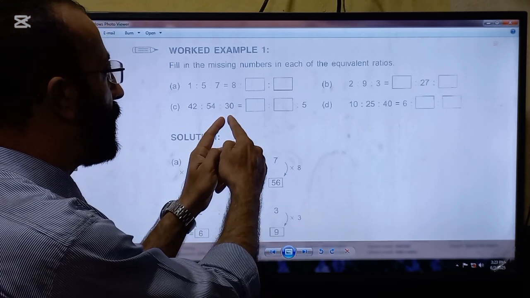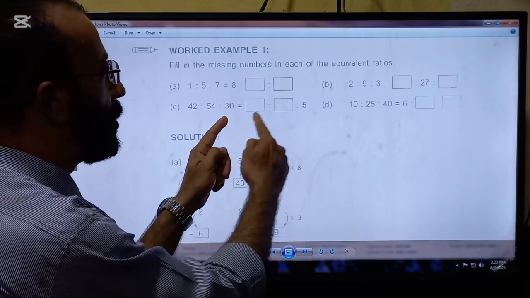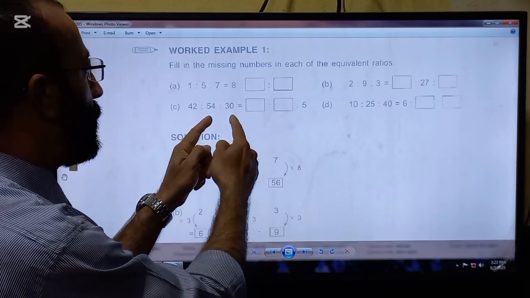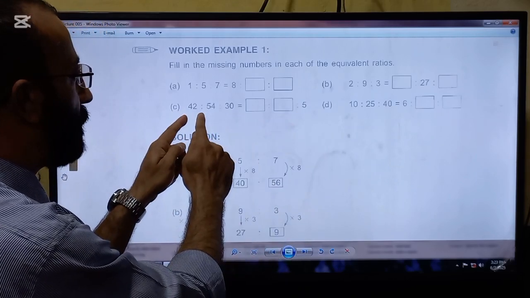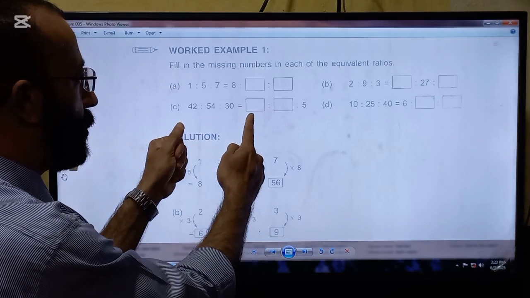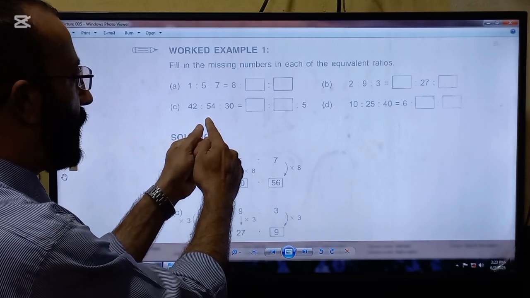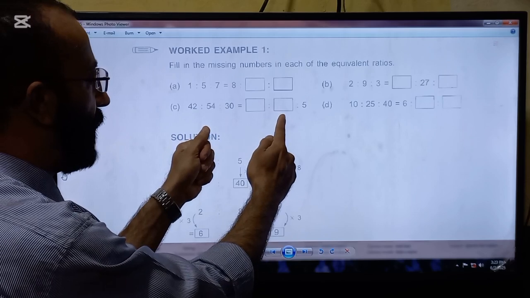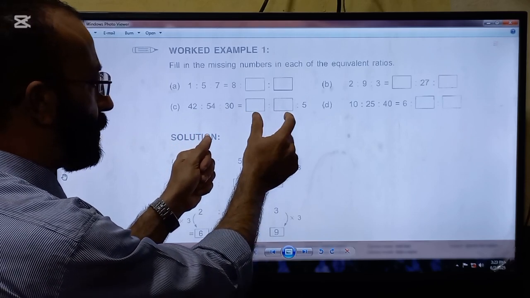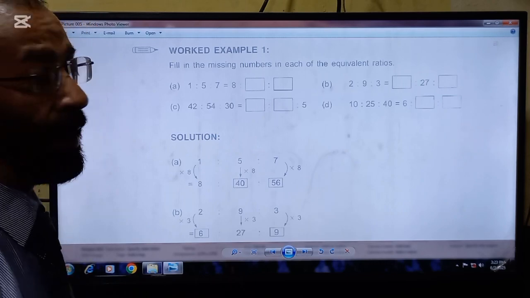So if this value is divided by 6 to get the third value of the second ratio, we have to divide the rest of the values by 6 as well. So 6 7s are 42. Here will come 7, and 6 9s are 54, and here will come 9. So 7 and 9 are the answer.